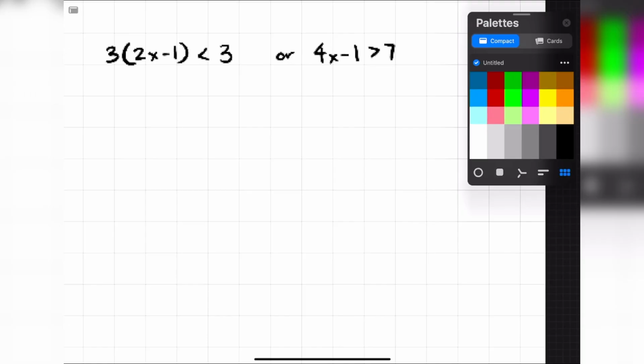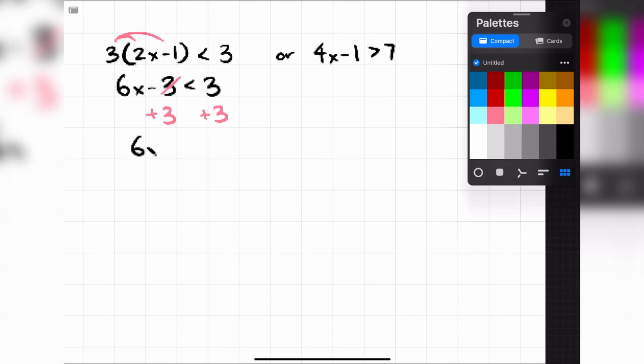So first step for the left one, we're going to distribute, which is going to be 6x minus 3 is less than 3. Then we're going to add the 3 to each side, which cancels that out. Then that brings us to 6x is less than 6, to which we will divide both sides by 6, giving us x is less than 1.